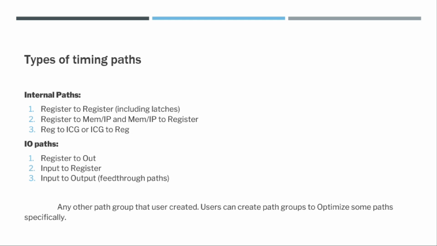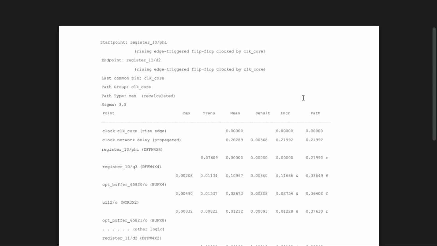So let's go over a timing report. For the sake of simplicity, I have used a register to register path. In this case, it's a very simple path. For us to understand each and every terminology, this will be very easy for us. So what you are looking at now is actually a timing report. It contains three main parts.